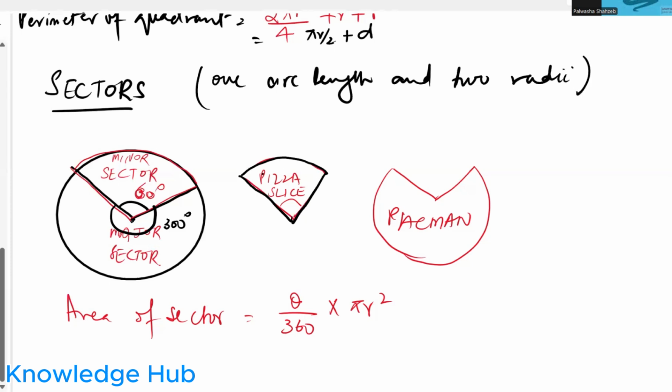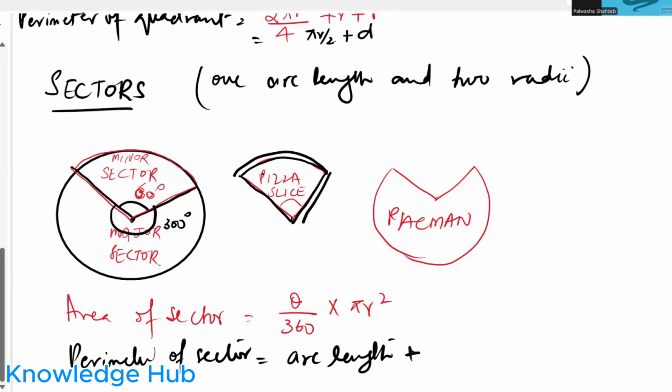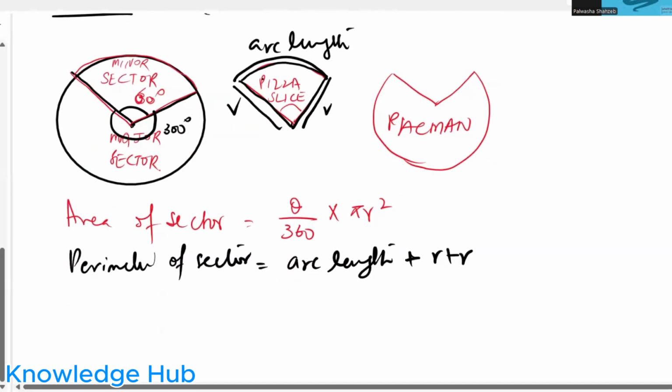So for the perimeter of a sector, we have to add arc length plus r plus r.